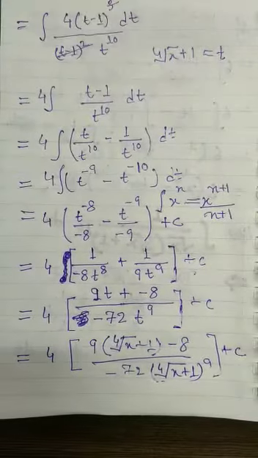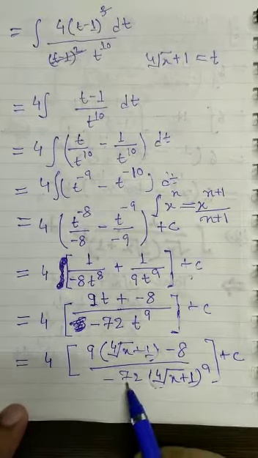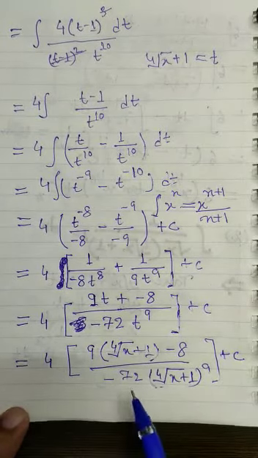Now what can we do? Here see 4 and here is 72. 4 nines are 72.